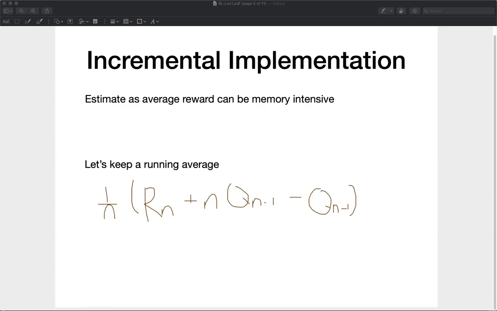So we have q of n minus 1 plus, distributing that 1 over n, 1 over n times r of n minus q of n minus 1. Okay, so this is all like when we started. This is q of n.